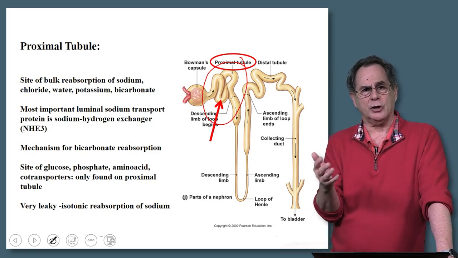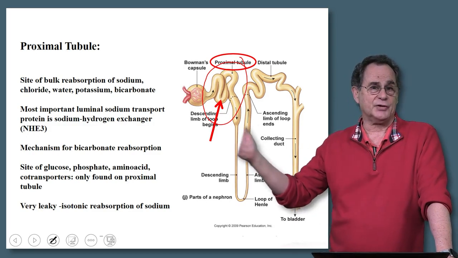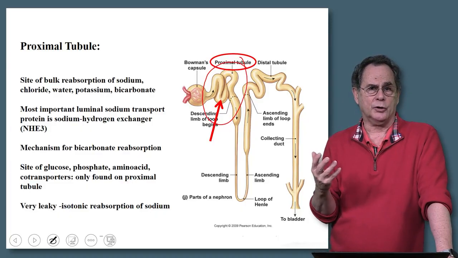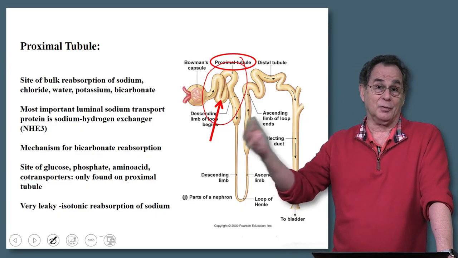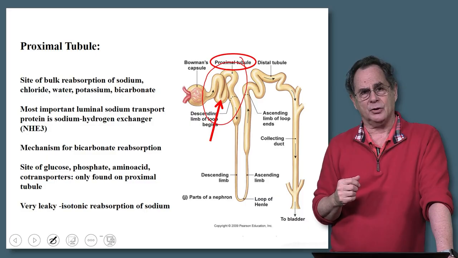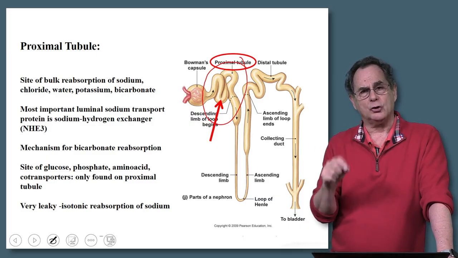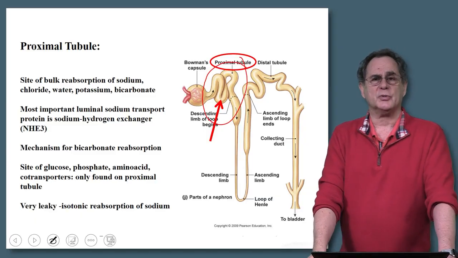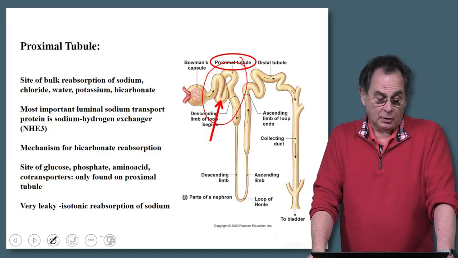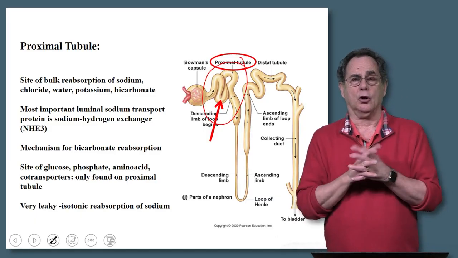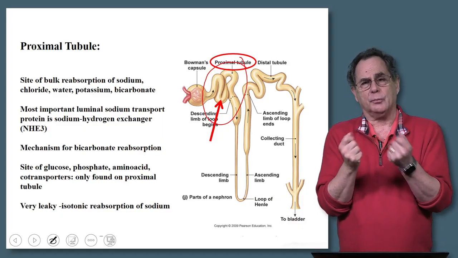We don't want to excrete a carbohydrate because we have to replace that from the environment. And we don't want to excrete amino acids because we have to replace those from the environment. So the kidney plays key roles in making sure that the urine doesn't waste these metabolites. And then it's very leaky. That's the critical feature: the leakiness of the proximal tubule.